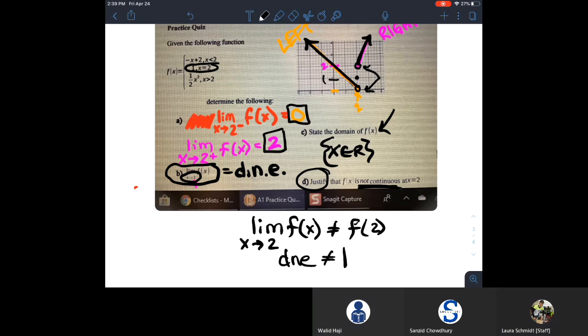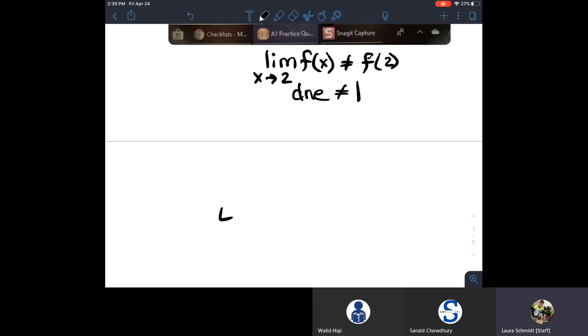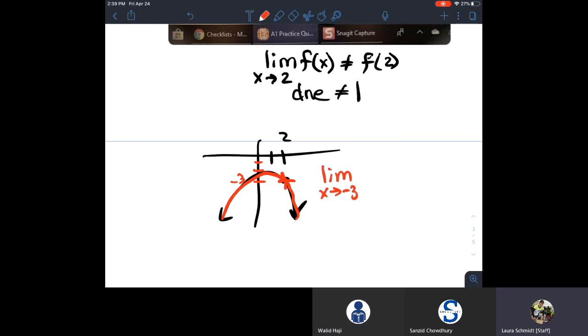If you think about a continuous graph, like a quadratic, say you were looking at when x equals 2, from the left-hand side and the right-hand side they're both approaching -3. So your limit as x approaches 2 of f of x is equal to -3.